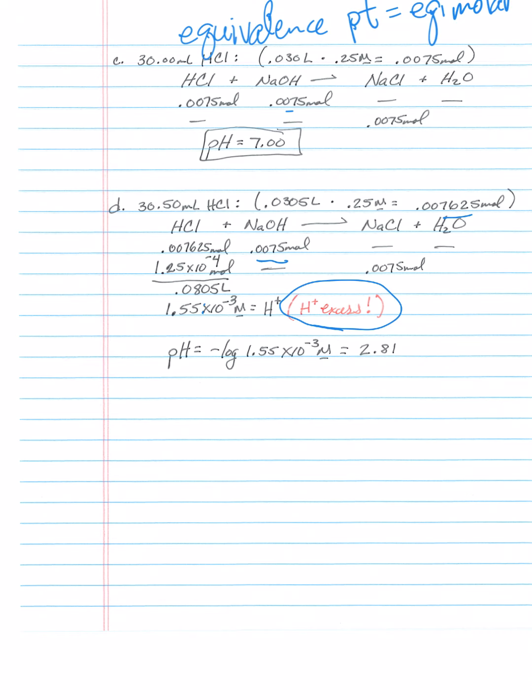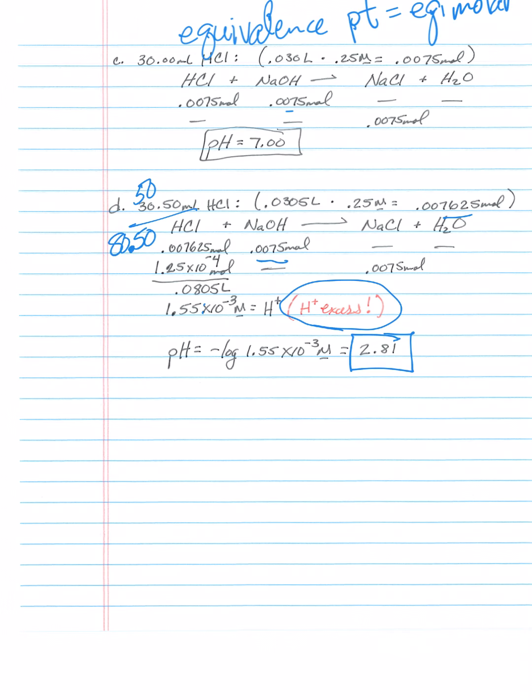We find out the volume that the total is. The way we got that 0.085 is 50 plus 30.5, 80.5, and turn that into liters. That's now our concentration of H+. Okay, now we're on the other side of the equivalence, so now we're calculating H instead of OH. That means our pH just went down from 7 to 2.81.